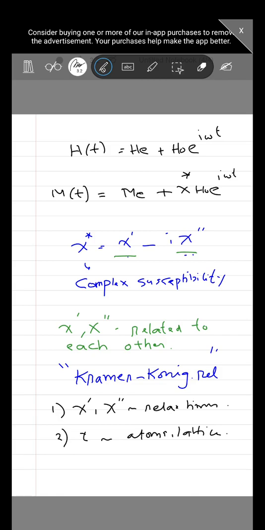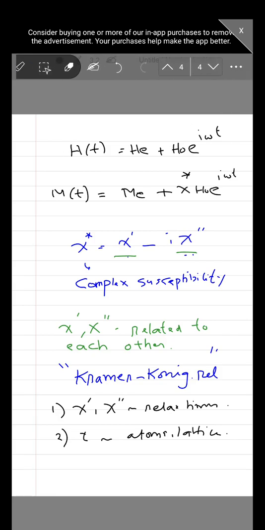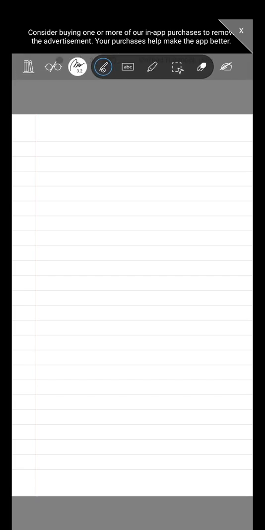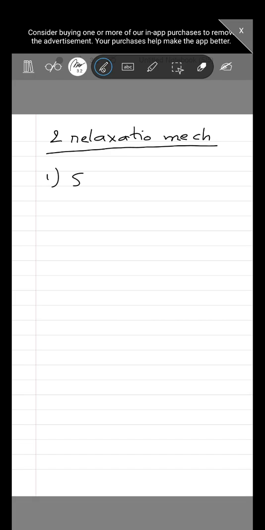Now let's concentrate on the relaxation mechanism. Basically, two relaxation mechanisms have been proposed. The first one is the spin lattice relaxation, and the second one is spin spin relaxation.